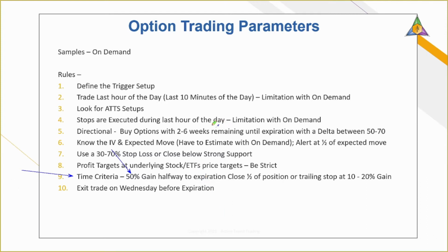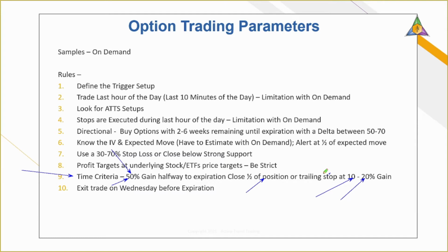And then what else do we want to do on that? Once I've sold it, I move my trailing stop up to where it will be on the remaining half, somewhere between 10 to 20% gain. So in other words, I'm willing to give up up to 30 to 40% of what I'd already gained.